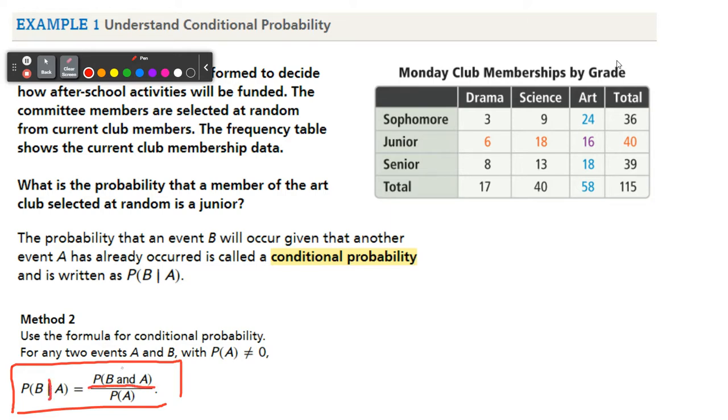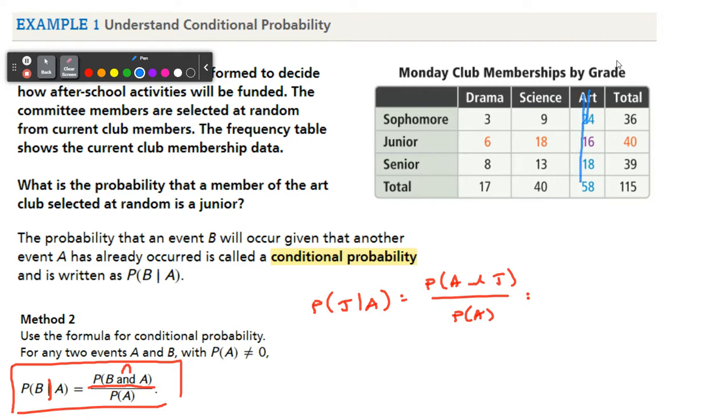So it's the overlap over the given event. So to use this, the probability of J given A, I would look for the probability of A and J over the probability of just A. So to find the probability of A and J, I'll do the top in blue. To find A and J, I'm looking for where A and J overlap.